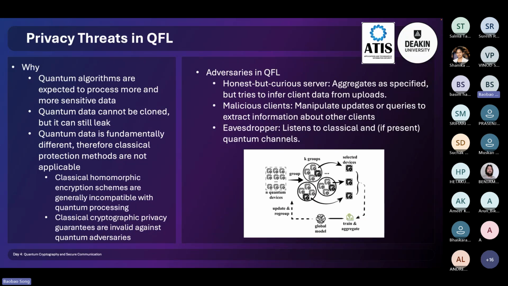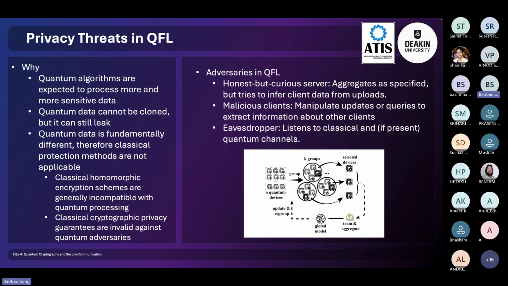The second adversary is the malicious clients. They manipulate updates or queries to extract information about the other clients. These clients want to know other clients' data, or we can say they don't want good performance on the global model.